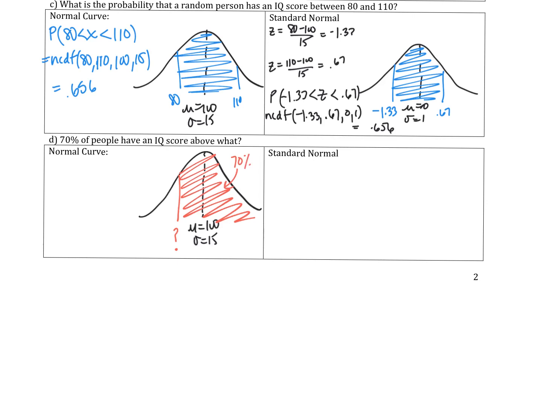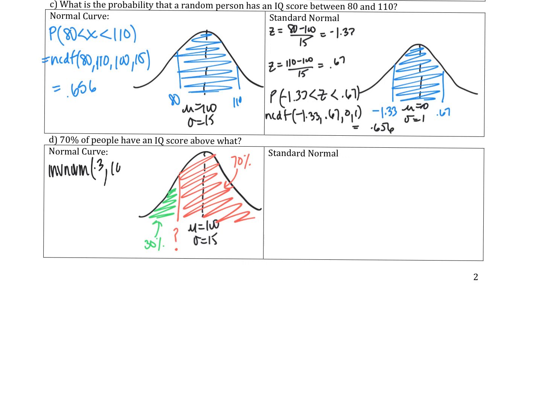Now remember in our notes I told you that most of our calculators can only read area to the left. So if 70% is on the right, then that means 30% is over here on the left. In order to get this vertical value, you have to list the area to the left. Your calculator is not smart enough to read the area to the right. So we're going to use that function, inverse norm. The area to the left of the vertical value I want is 30%.